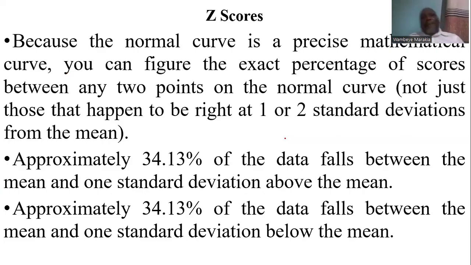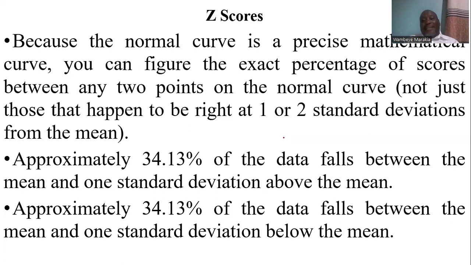Now, because the normal curve is a precise mathematical curve, you can figure out the exact percentage of the scores between any two points on the normal curve, not just those that happen to be at one or two standard deviations from the mean.